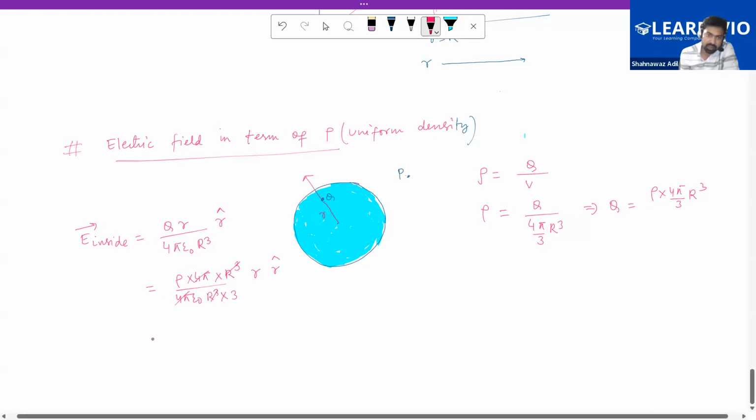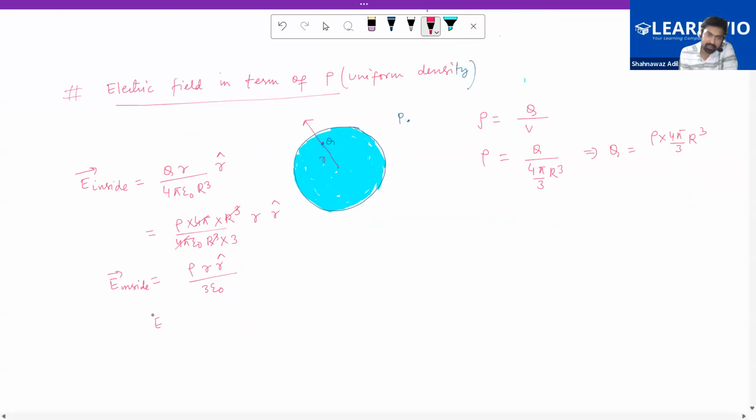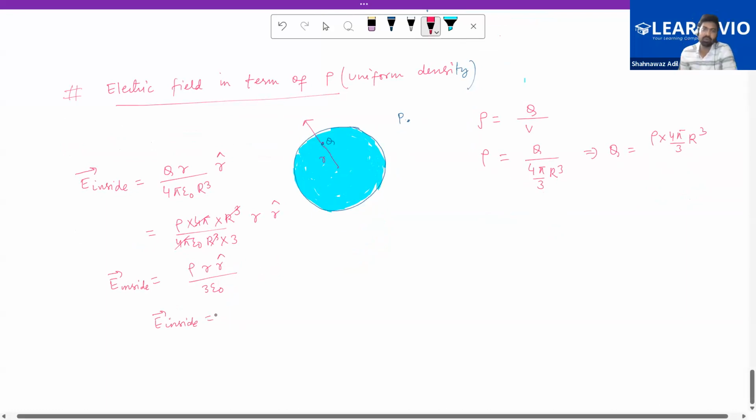So we have rho r hat divided by 3 epsilon naught. We can write this as rho r vector divided by 3 epsilon. This is going to be very important in the cavity problem. Is it clear, guys?